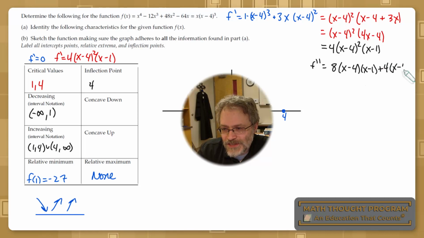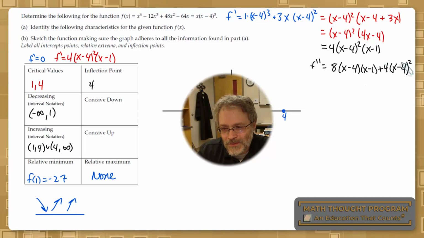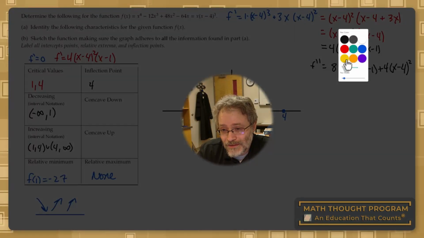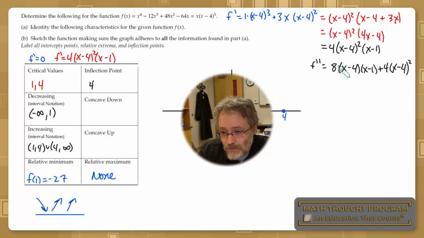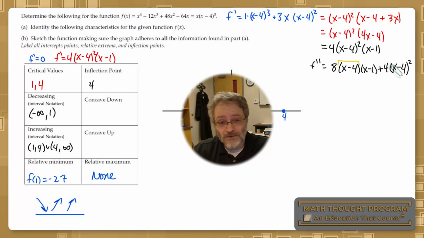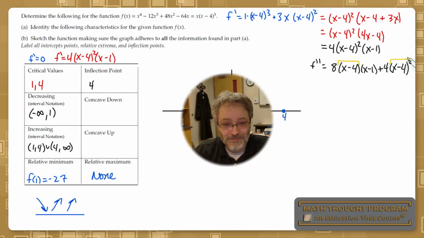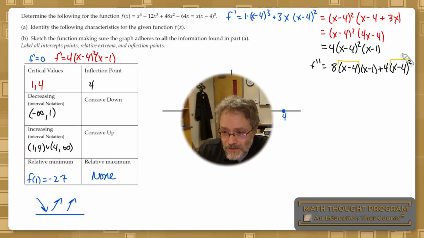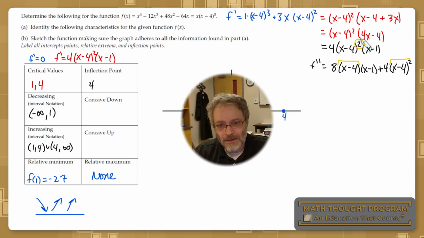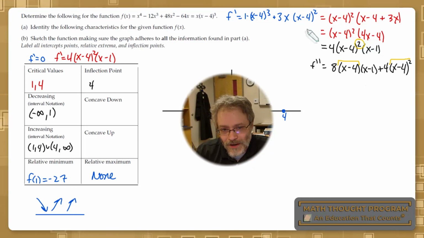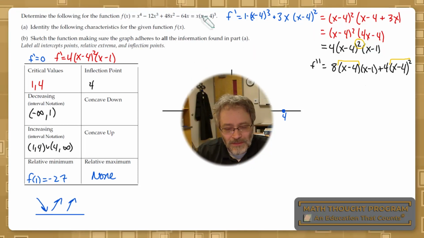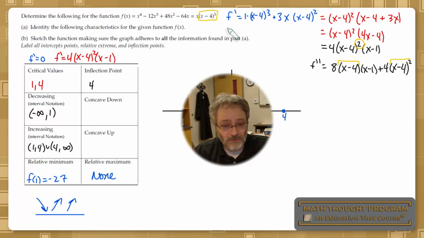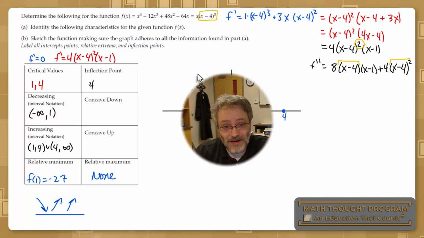And I want you to pay attention again. Do you see how in these two terms we have a common term? Do you see how there's an x minus 4 and x minus 4 that we can factor out very quickly? That's because it was raised to a power. So although I do have this thing being raised to a power, that's going to be very helpful to us when we start factoring.